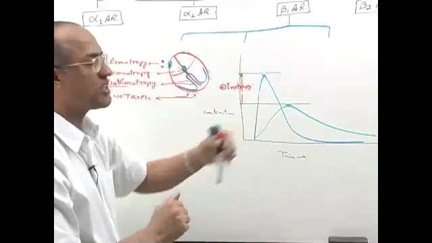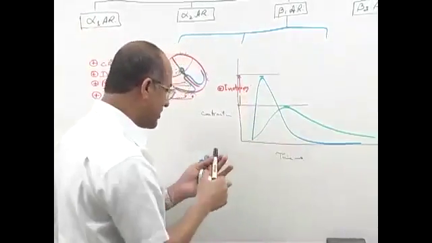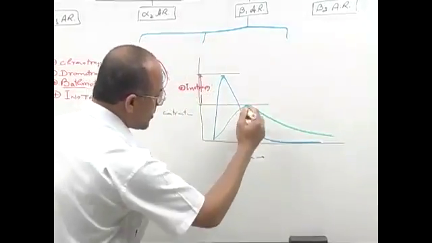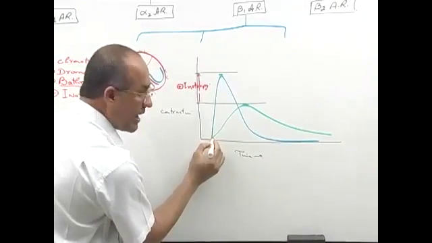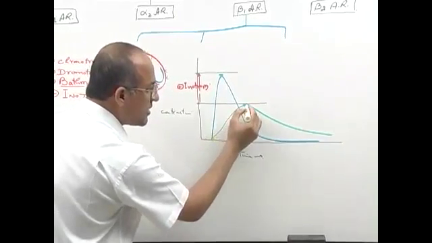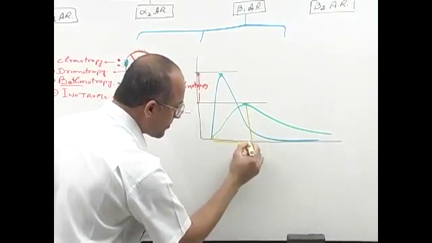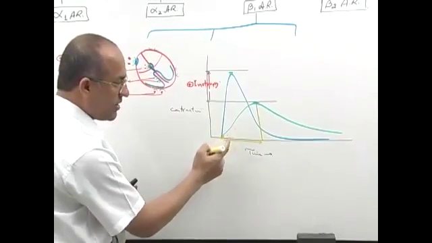But there is another thing which has increased, the velocity of contraction and relaxation. Let me show you how. Look, contraction started from here, and to reach the peak, it took this much time without beta 1 stimulation, right?